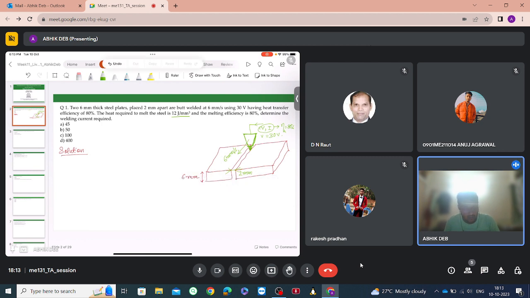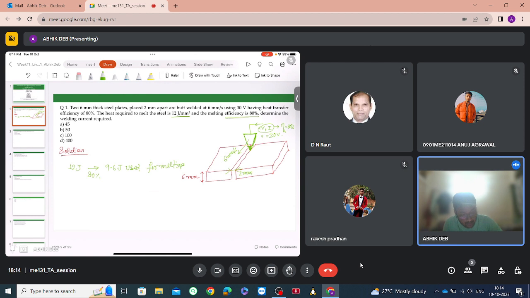That is, if we supply 12 joule, only 9.6 joule, which is 80% of that, will be used for melting. This is the meaning of a melting efficiency of 80%.